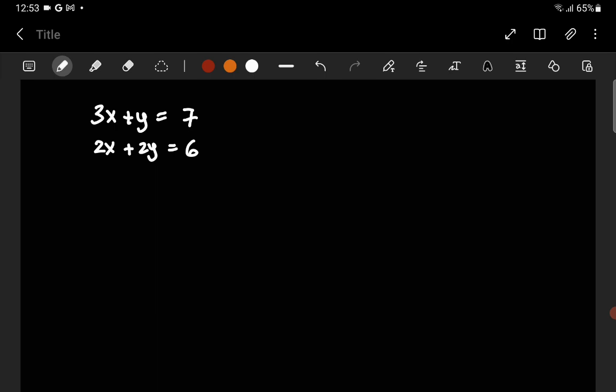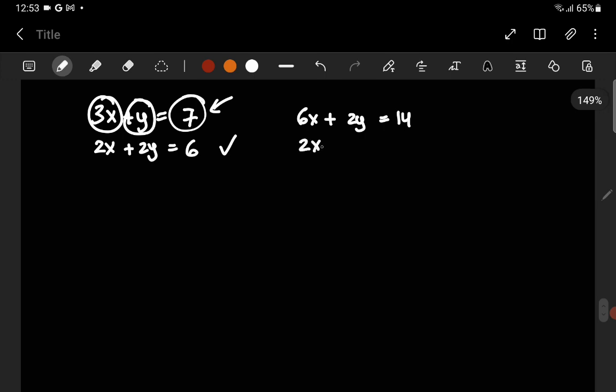The second equation is already 2y. So now we will make the first one become 2y. How to make the y become 2y? You times it by 2. So all of them times it by 2, right? So this one becomes 6x plus 2y equal to 14. This one you times it by 2, times it by 2, times it by 2. Correct? And then after that, the bottom one, you just copy.